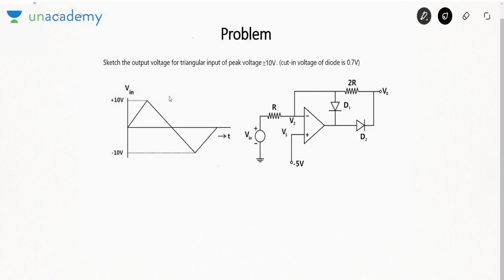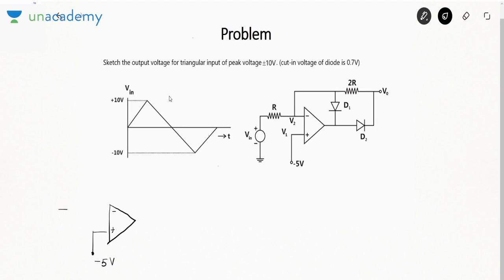Next, sketch the output voltage for triangular input of peak voltage plus minus 10. Again the cut-in voltage is 0.7. Okay. Now first what I will do is, I will apply open circuit test. Whenever diode and OPAMP is given, you always apply open circuit test.